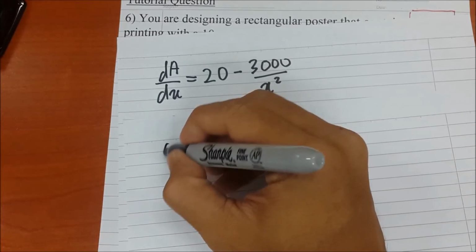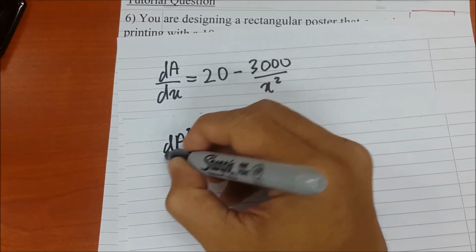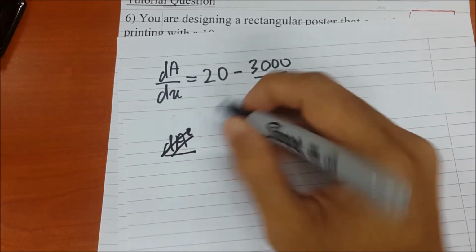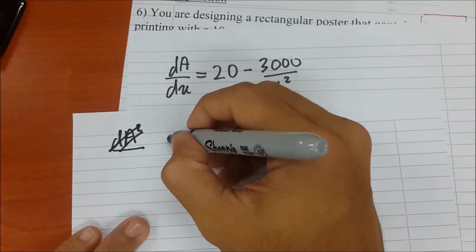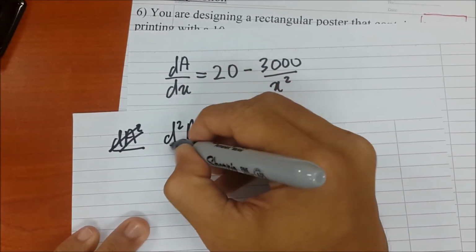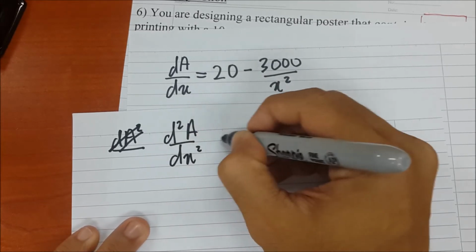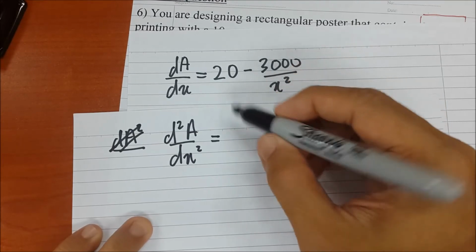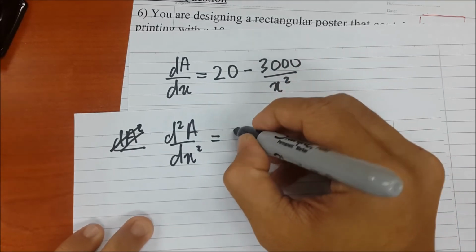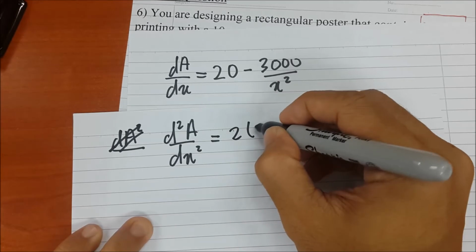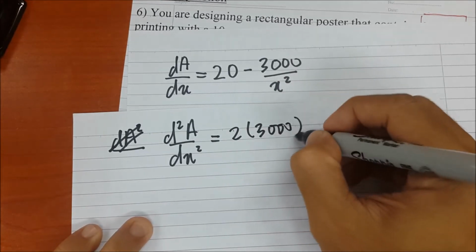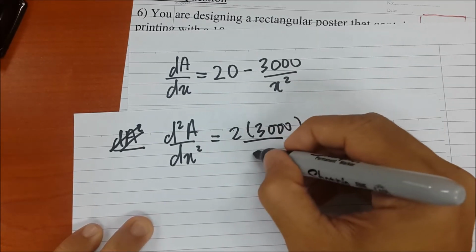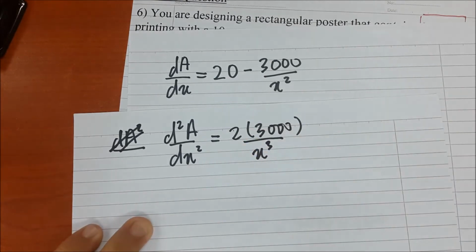So the second derivative equals, 20 becomes 0, and negative 2 brought in front, you're going to get positive 2 times 3000 over x cubed.